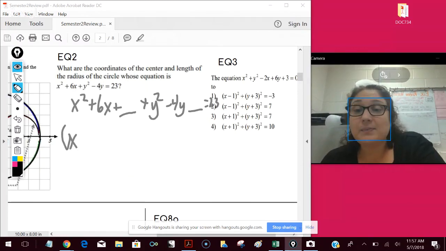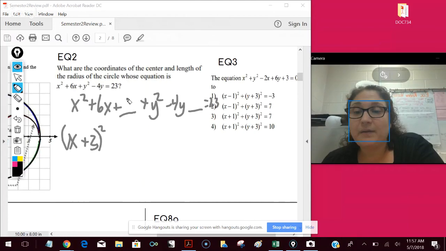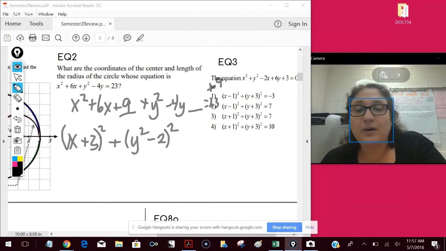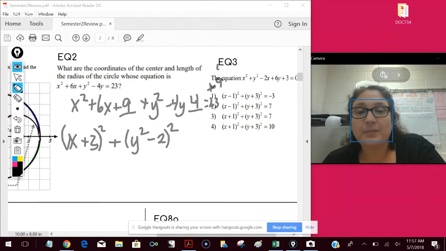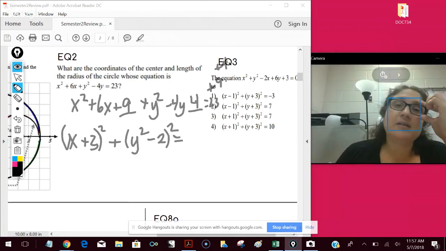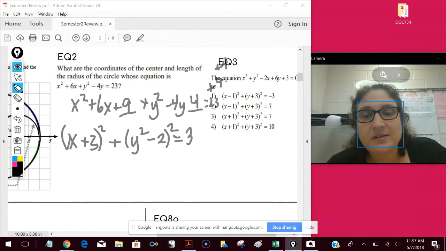So I've got, this is +6, divide by 2, I get +3 squared. If I put the 9 here, I have to add 9 to this side. Now I've got my y squared, half of -4 is -2. If I go divide by 2 up, I have to square going up, and I have a +4 here. This is going to equal 23 plus 9 is 32 plus 4 is 36.